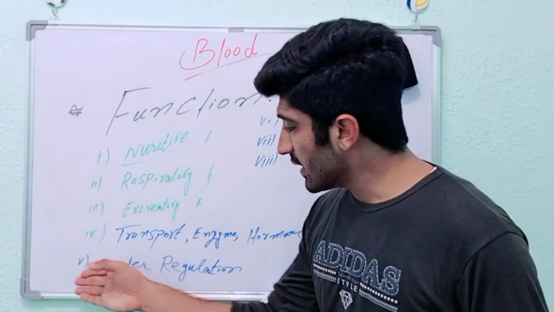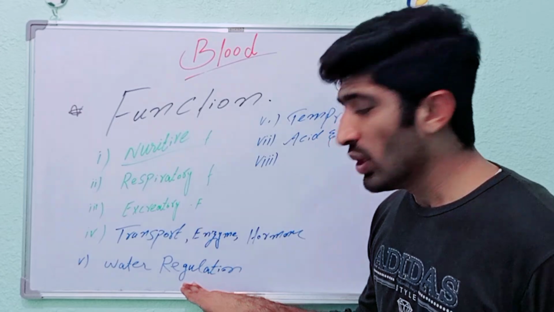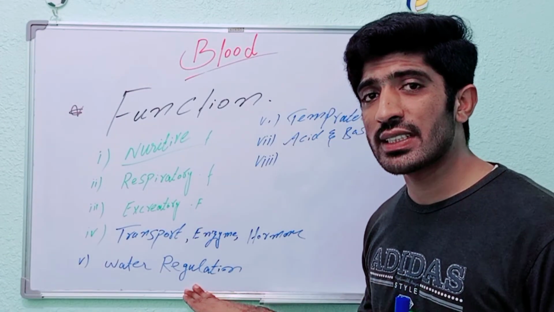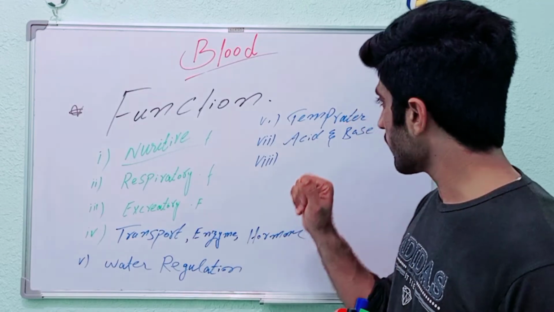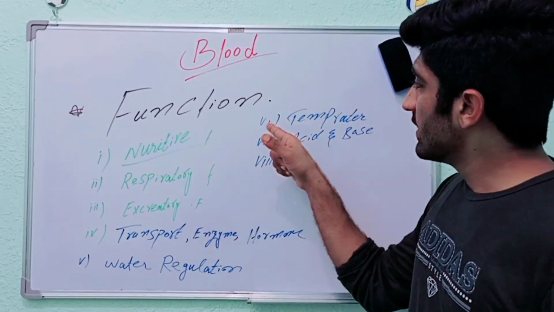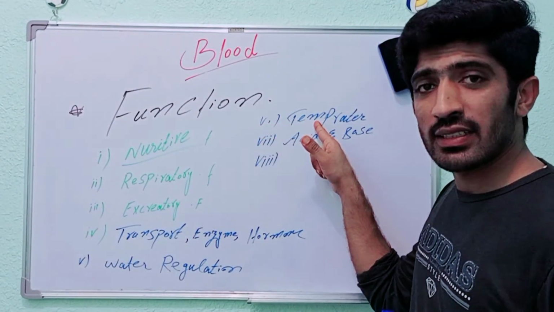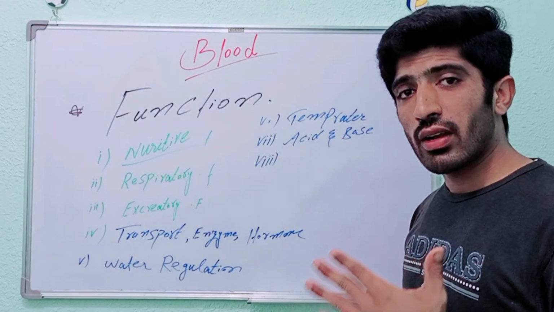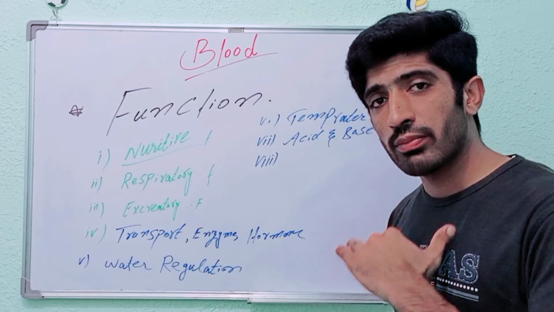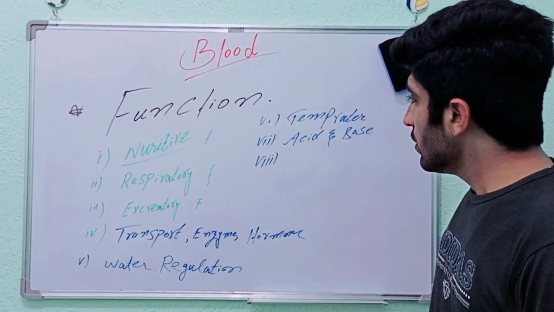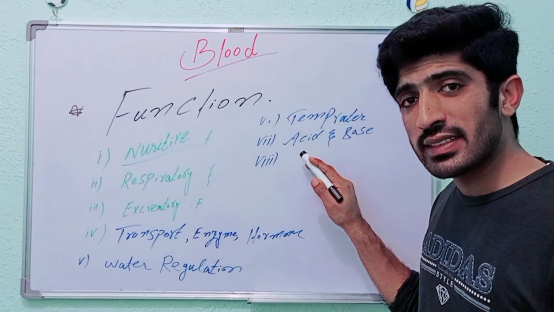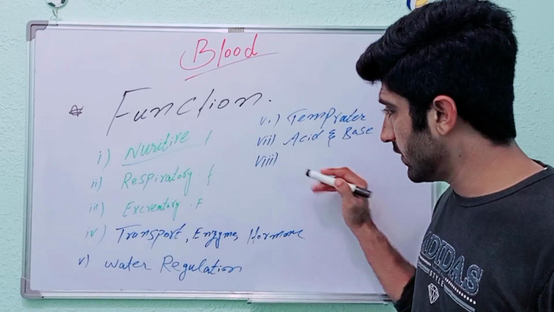The fifth is water regulation. Students, blood also maintains water regulation in our body. The sixth is temperature. Blood also controls and maintains the temperature of our body. Blood also maintains acid base balance in our body.